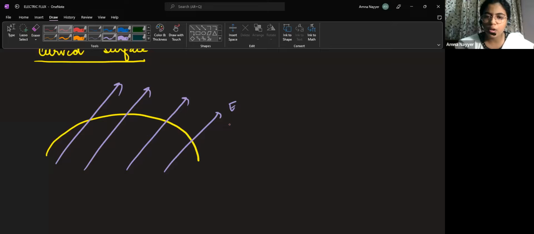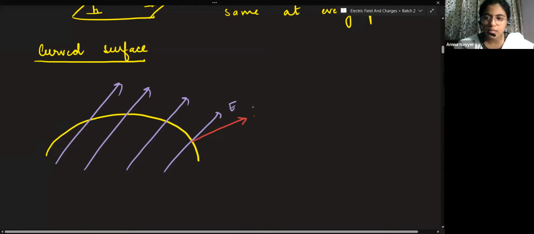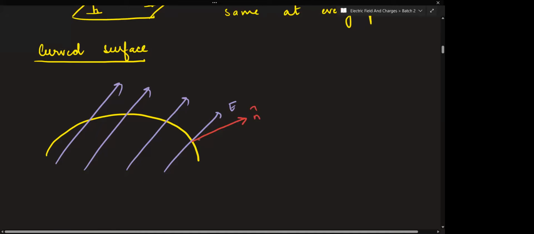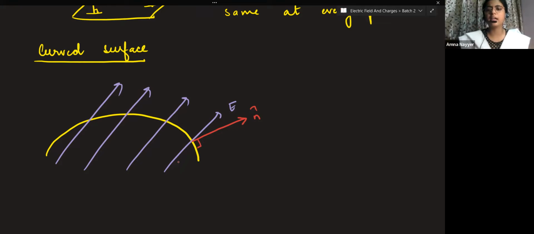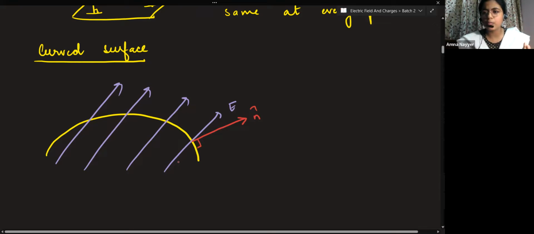So if I draw a perpendicular to this in this manner, this is making an angle of 90 degree. If the electric field line is perpendicular to the surface, then you are not required to take out the area vector, because the angle between the electric field line and the area vector will be 0, and cos 0 degree is 1.